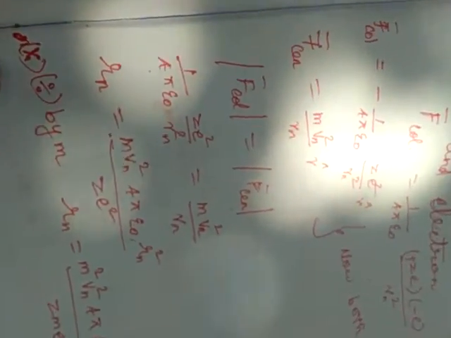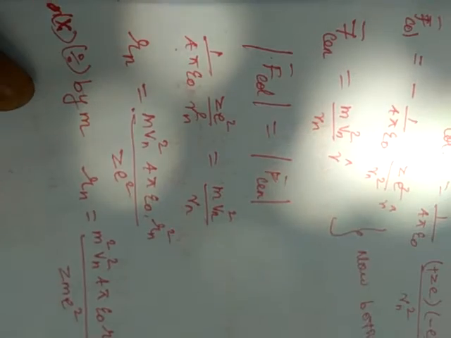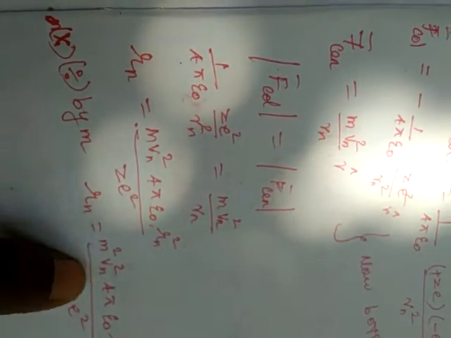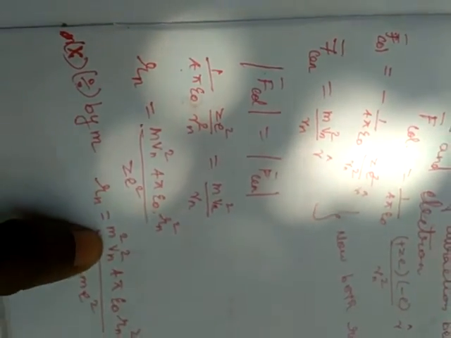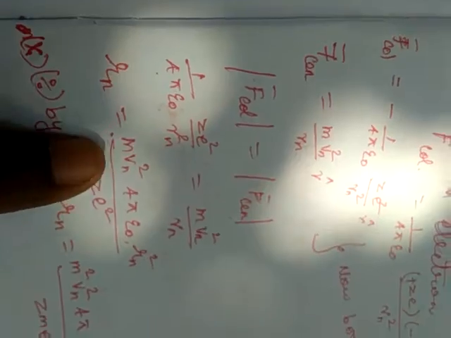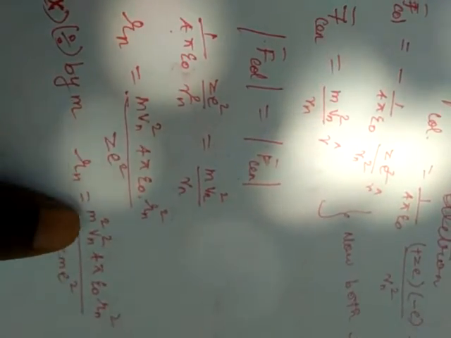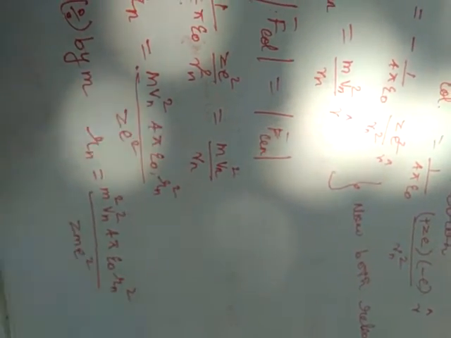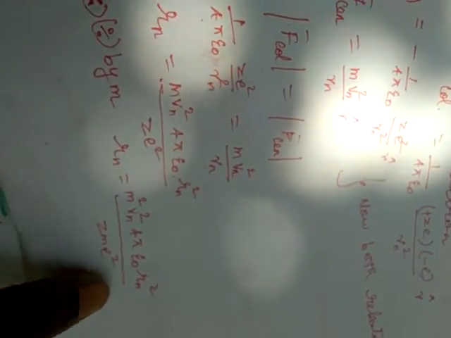Now we multiply and divide both up and down by m. So m into m comes on top, giving m squared vn squared 4 pi epsilon naught rn squared, and down comes Z m e squared. So this is the rn value.